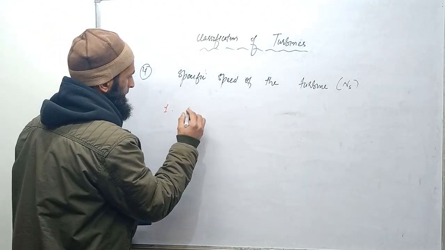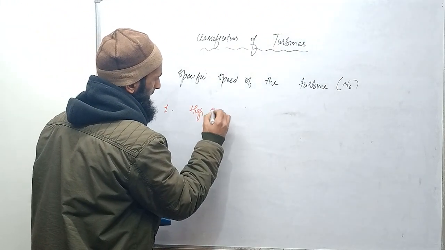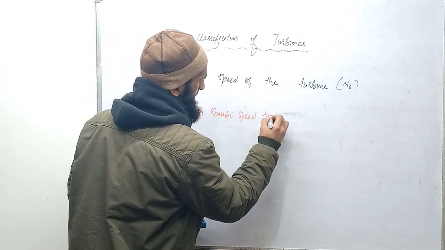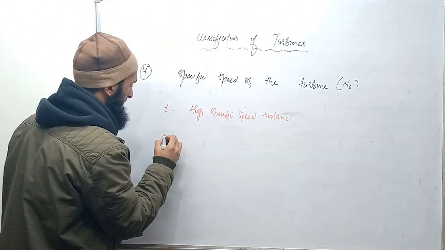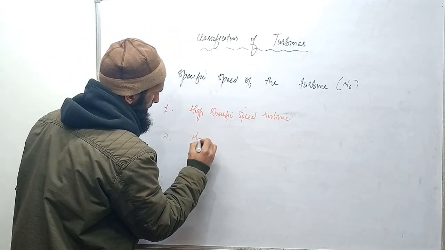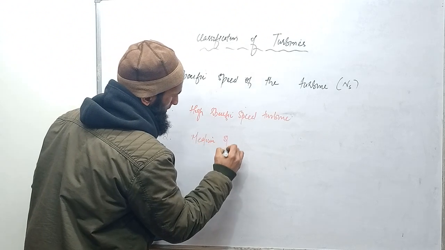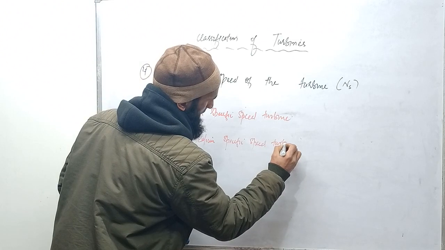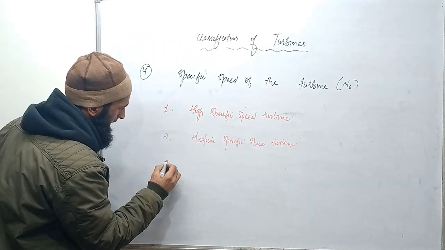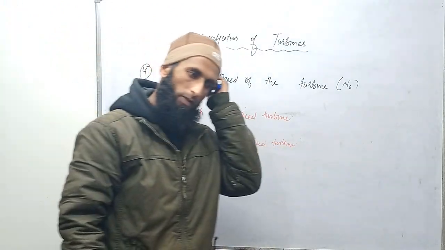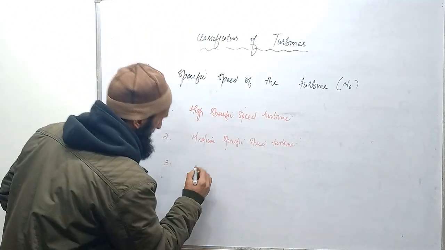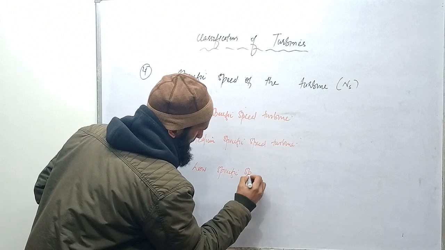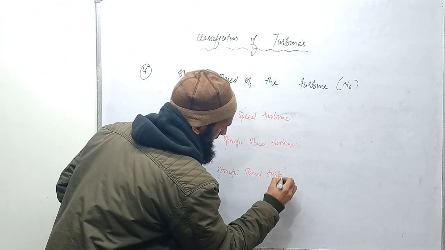One is high specific speed turbine. Next one is medium specific speed turbine, and the third one is low specific speed turbine.